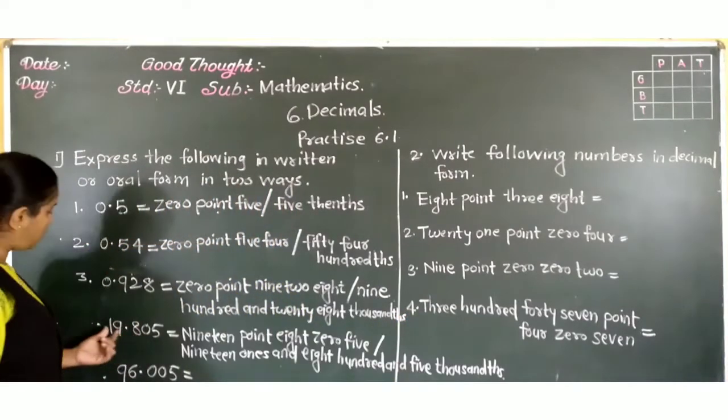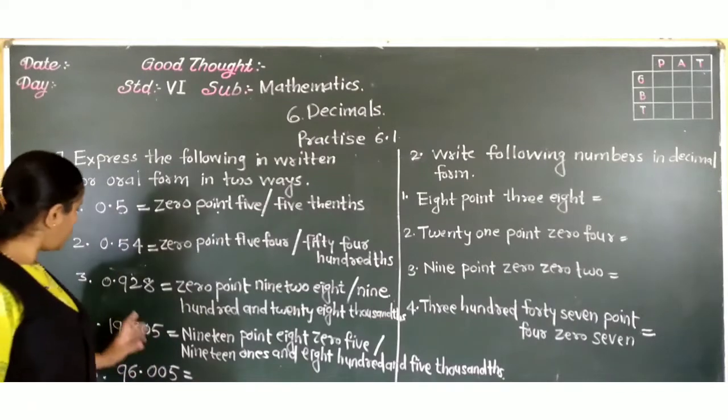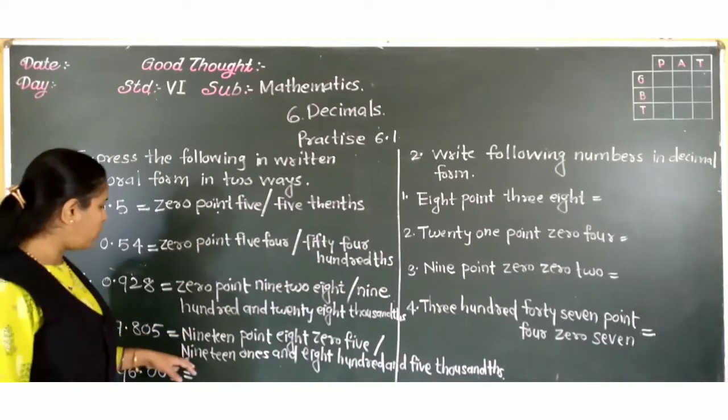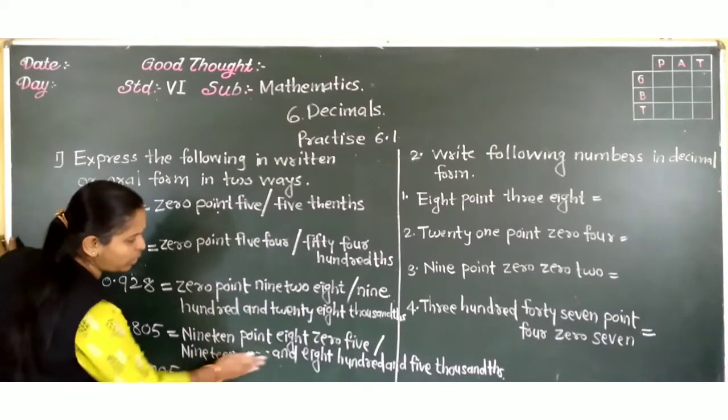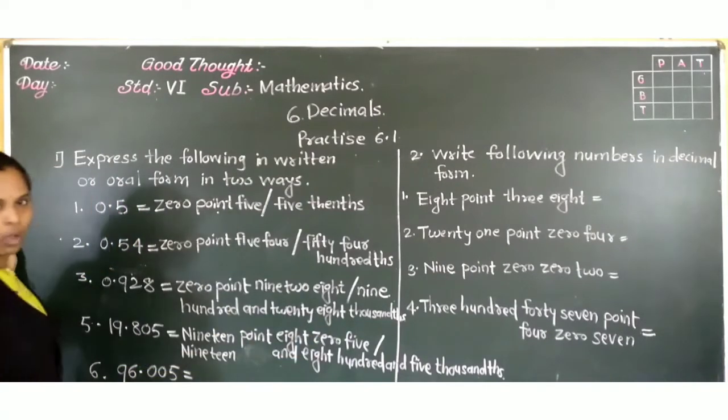Okay. This one is fifth. And this one is sixth one. Fourth one you do yourself. Now see here 19, how to write it? 19.805 or 19, only, no need to write ones, okay? Only 19 and 805 thousandths.